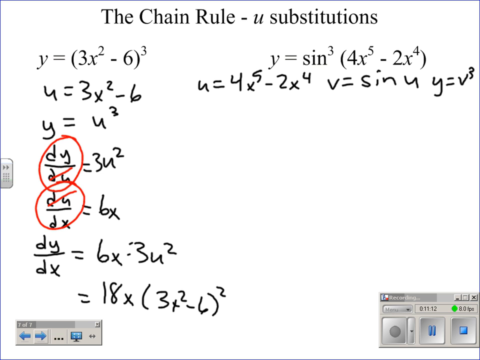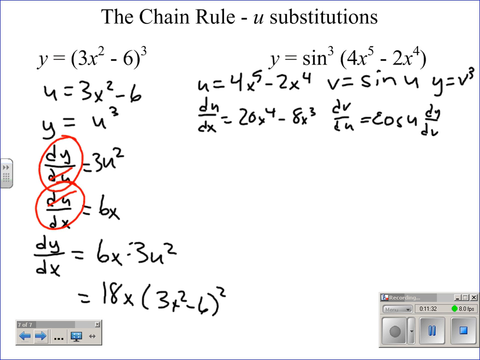Then doing the derivative of u with respect to x, and the derivative of v with respect to u, and the derivative of y with respect to v, and multiplying them together, you get the derivative of y with respect to x.